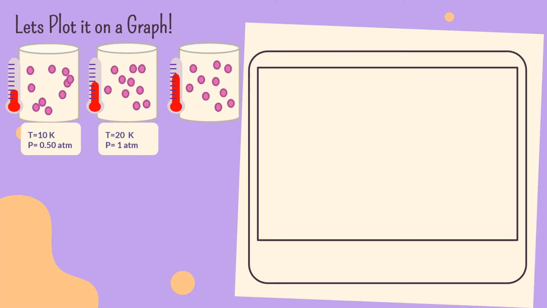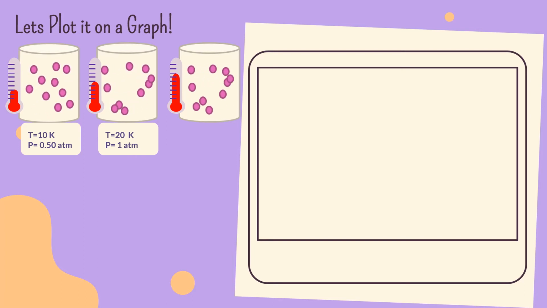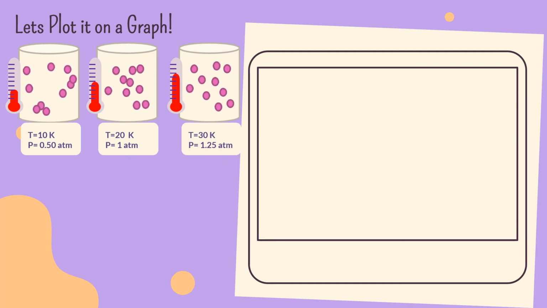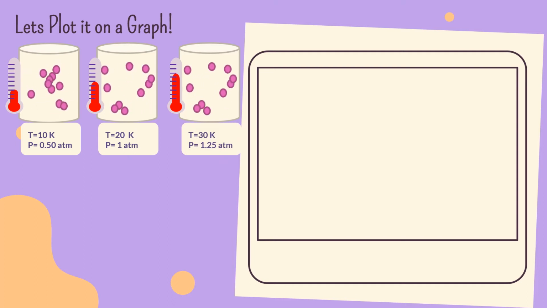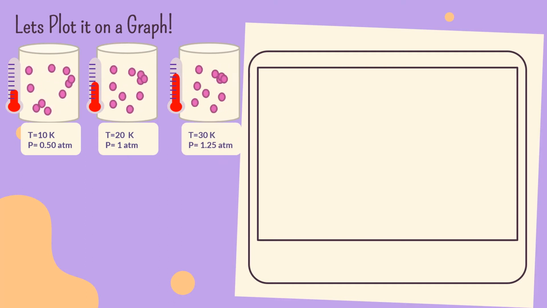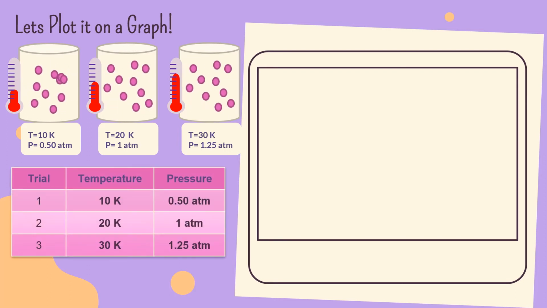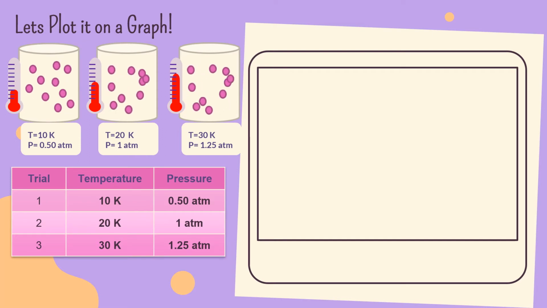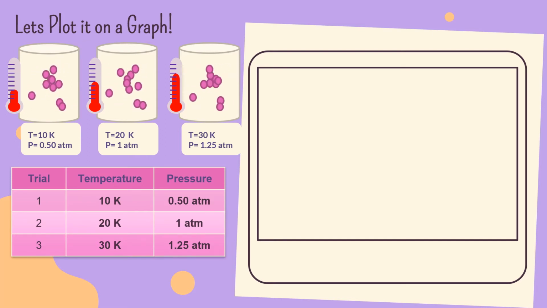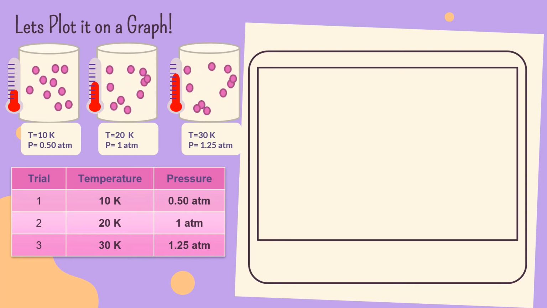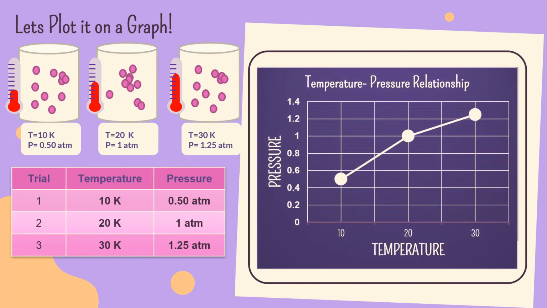Another change happens to the molecules inside the fixed container, and they have 30 Kelvin as the temperature and 1.25 atm as the pressure. So here is the summary of the data or changes experienced by the gas molecules in this fixed container. Now let's plot it on a graph.